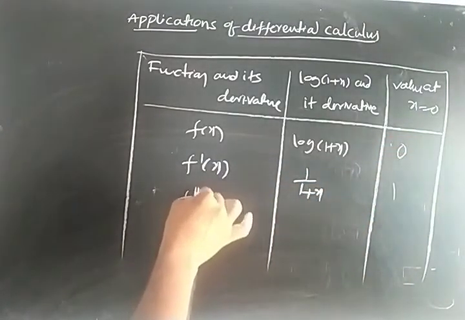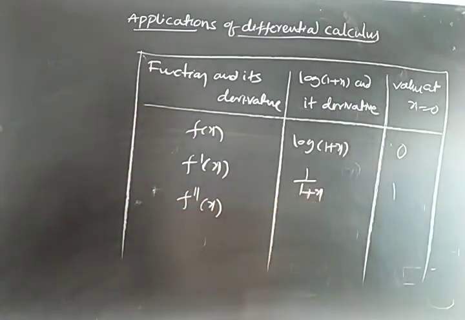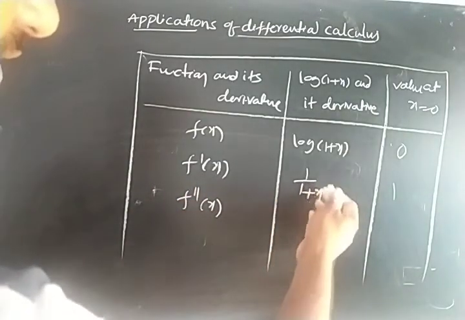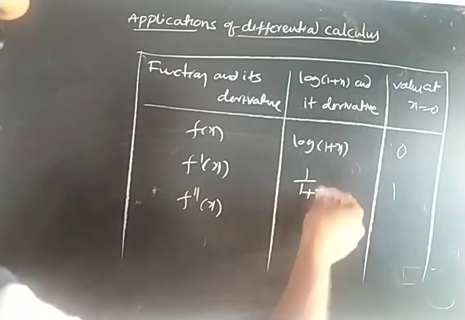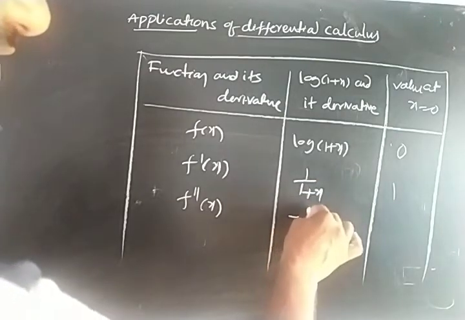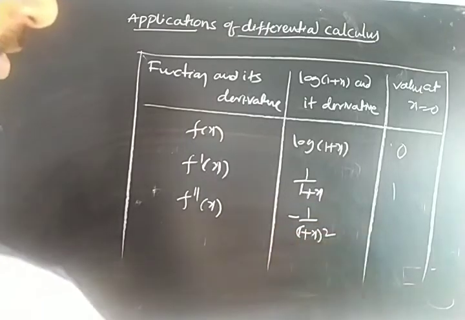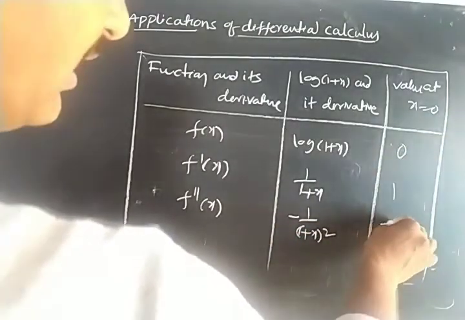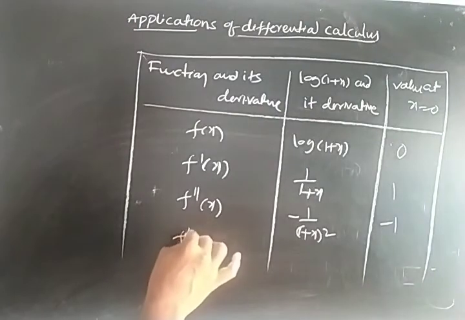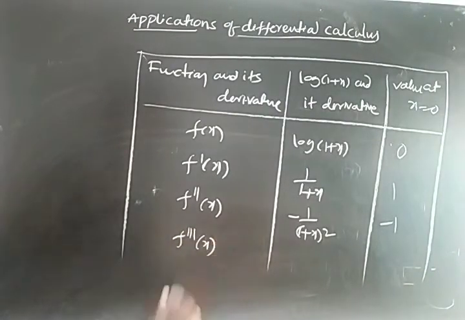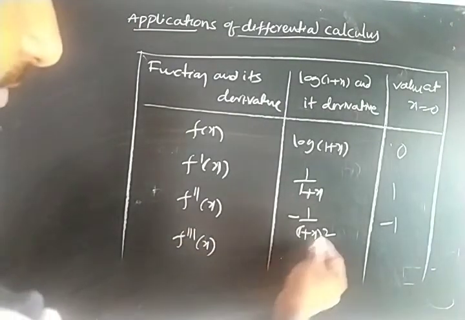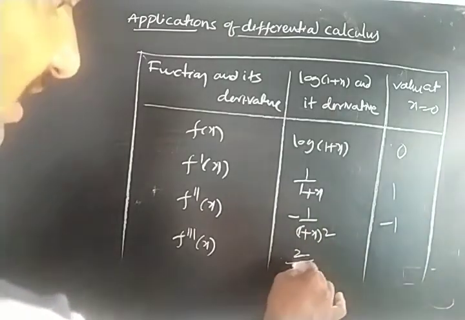Next derivative, f double dash of x. The derivative of this, by sending 1 plus x whole to power of minus 1 into the numerator and differentiating, is minus 1 by 1 plus x whole square. By putting 0, you will get again minus 1. Next f triple dash of x: here you will get minus of minus 2 by 1 plus x whole cube.